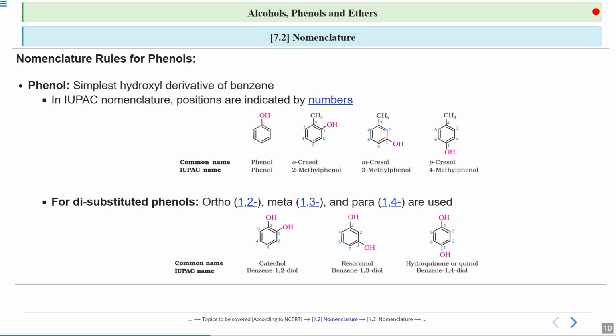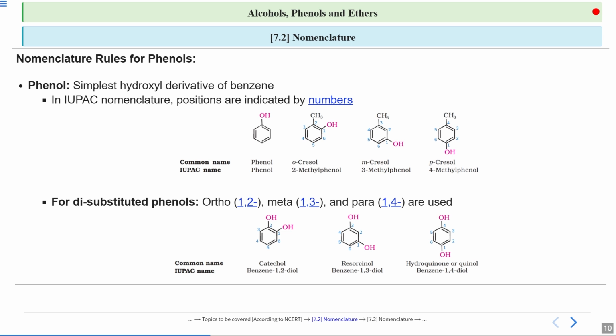The first structure is catechol, and the IUPAC name is benzene-1,2-diol. We have two hydroxy groups, so the substituents are OH only. The OH groups are attached at the first and second positions. With respect to the first, the second position is ortho, right?